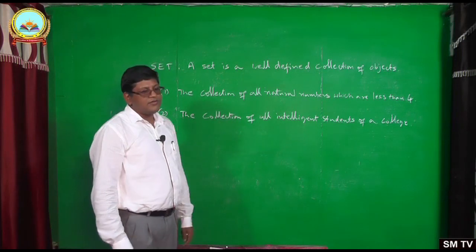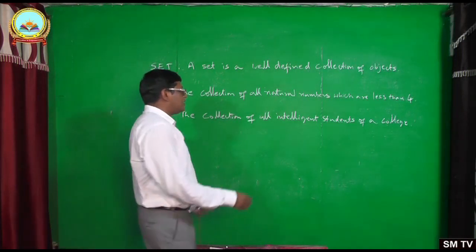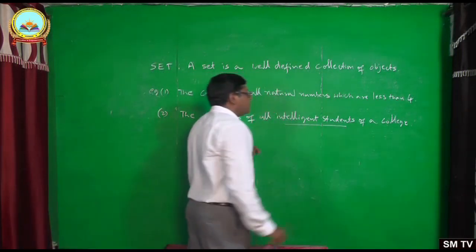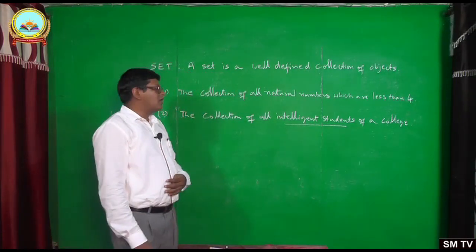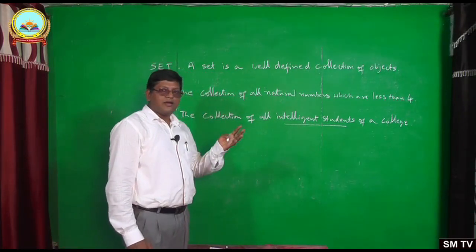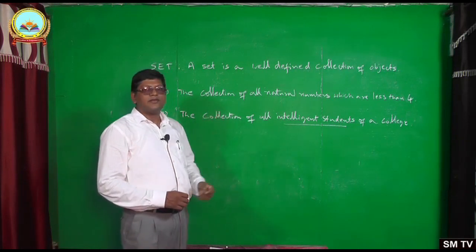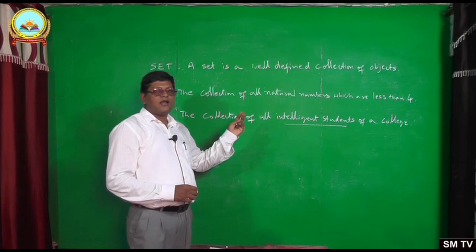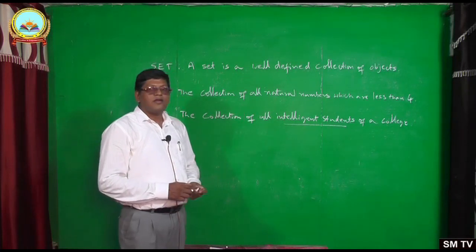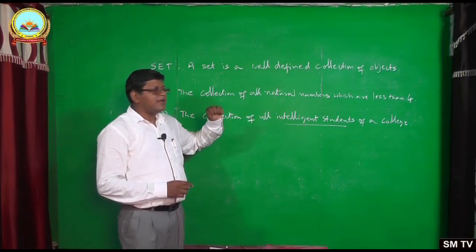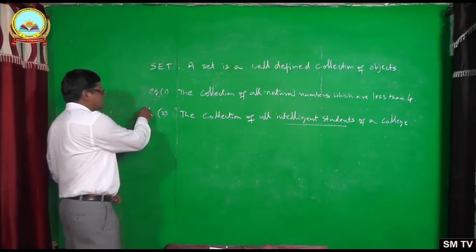Is this collection a well defined collection? No, this is not a well defined collection, because when we are given a particular student, we are not able to say with certainty whether he belongs to this collection or not. Therefore, this is not a well defined collection, hence this is not a set.